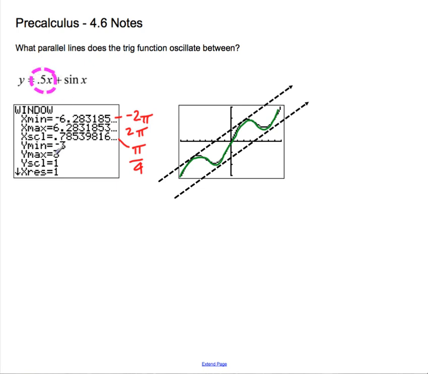So what two parallel lines border this graph? Well, keep in mind that the sine always goes between, it goes up 1 and it goes down 1.